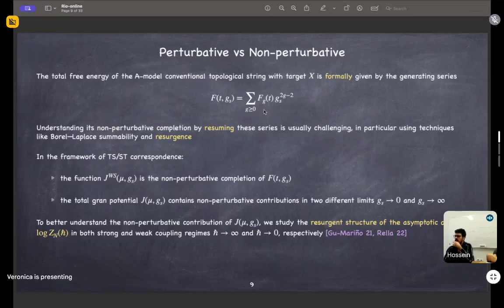Oh, okay. But when you write the g indices s, I mean, you don't use this a lot. Sorry, no, g_s is just one thing. This g here is not the g of the genus. Sorry, there are too many g's. It's just a variable which is called g_s. So what does the s stand for? String, I think.